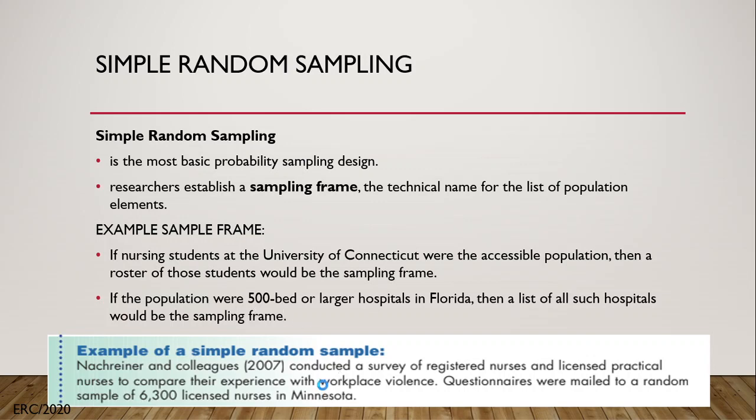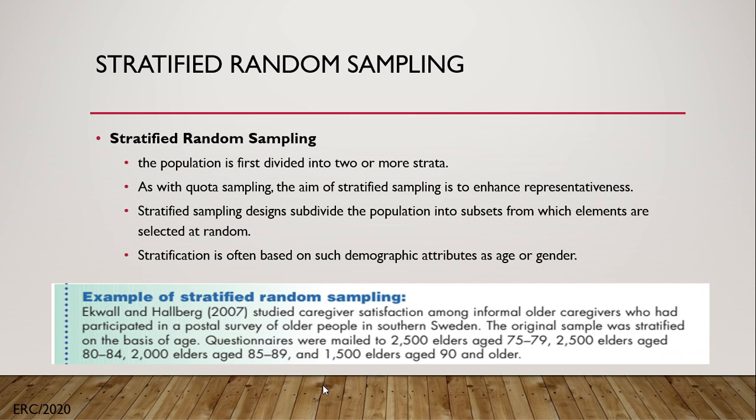Okay, so let's move on to stratified random sampling. When you say stratified, there is a subcategory. In stratified random sampling, the population is first divided into two or more strata. Depende kung it can be on gender, civil status, or educational attainment. As with quota sampling, the aim of stratified sampling is to enhance representativeness.